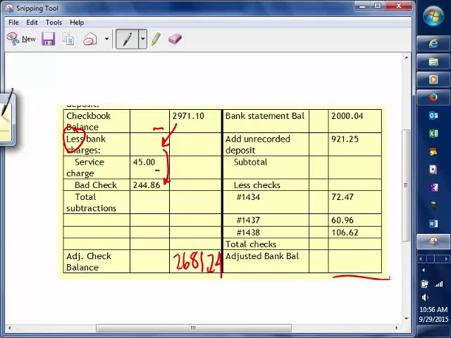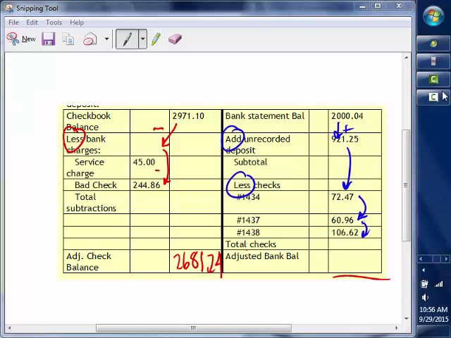That number has to be the same as what we get over here. Well, over on this side, it says take 2,000, add that, subtract this, this, and this.